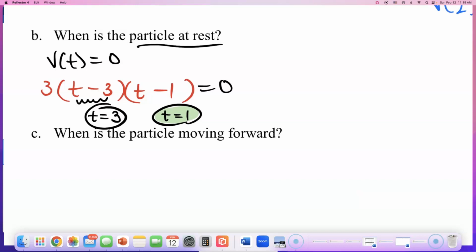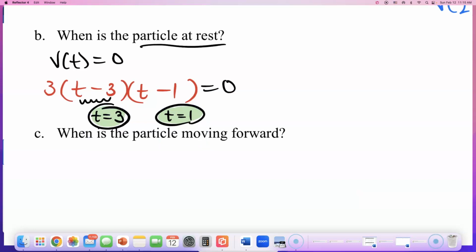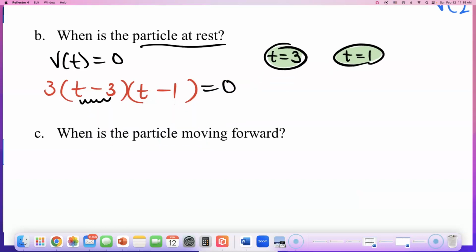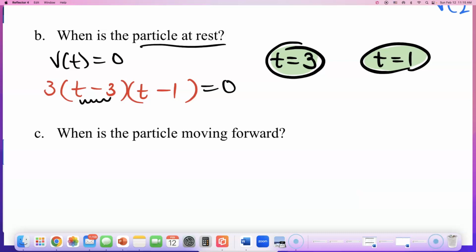It takes a break. And after 1 second, it moves around again. But at 3 seconds, it takes a break again, is at rest. That is what we can figure out by setting the derivative equal to 0. All right, so it is at rest after 1 and 3 seconds.